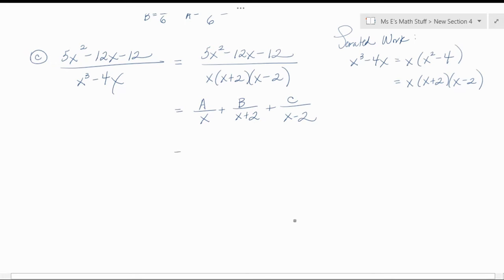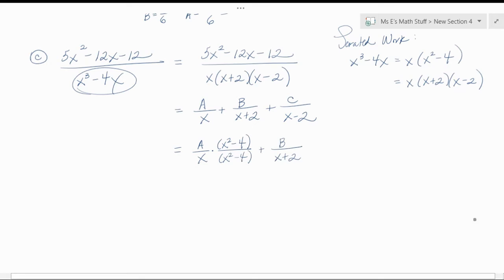Okay, now let's get common denominators. So A over x, in order to get this denominator, x cubed minus 4x, we would have to multiply that by the x plus 2 and the x minus 2, also known as x squared minus 4. Always keep your eye on the denominator you start out with to make sure that you're multiplying by the right thing.